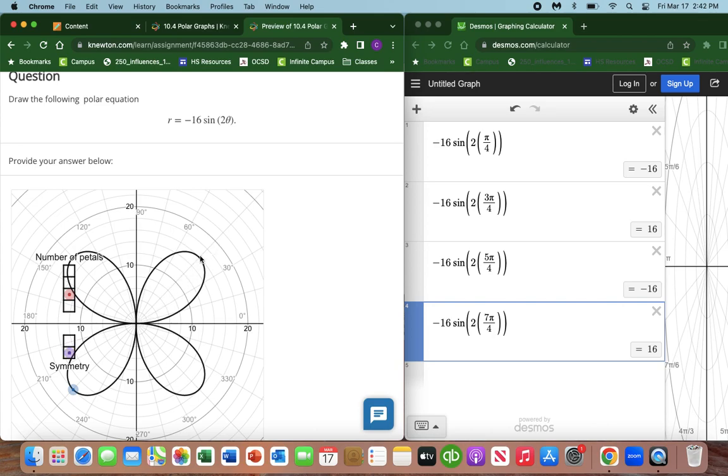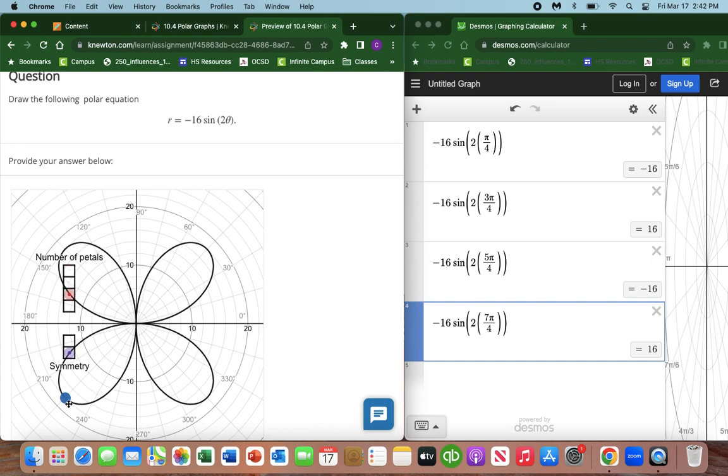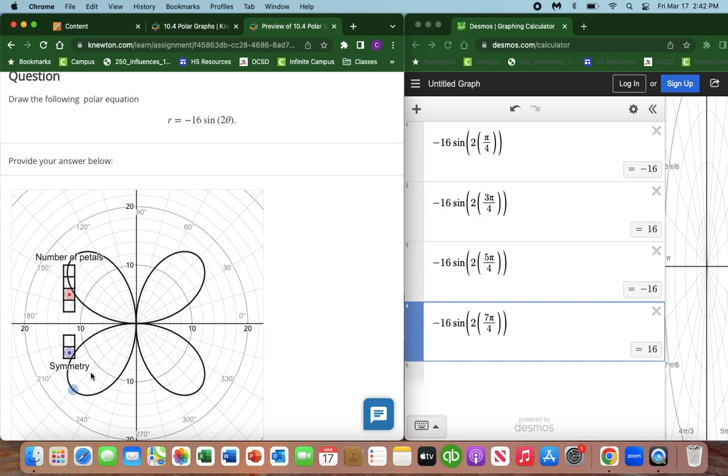Now, pi over 4 needs to have a radius of negative 16. So I'm going to grab and drag this till I get negative 16, which it looks like I'm already on negative 16, right? This is 10, 12, 14, 16. This is actually positive 16. So if I went to the other side though, right, I'm looking at pi over 4, negative 16, that would be this point here.